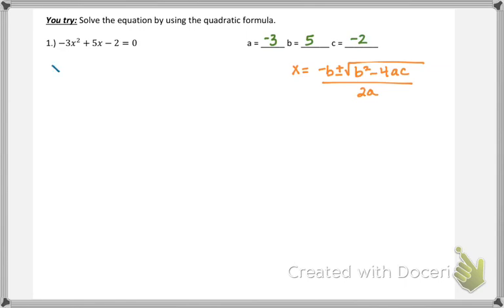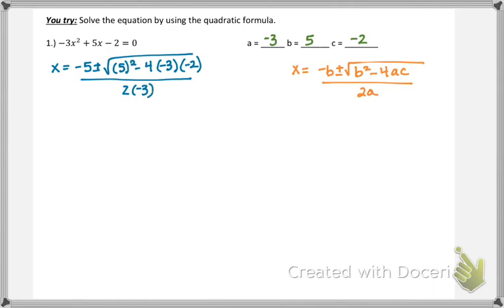So x equals -5 plus or minus the square root of 5 squared minus 4 times -3 times -2 all over 2 times -3. Please show all your work.